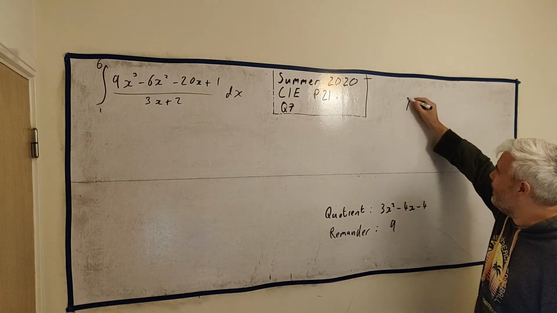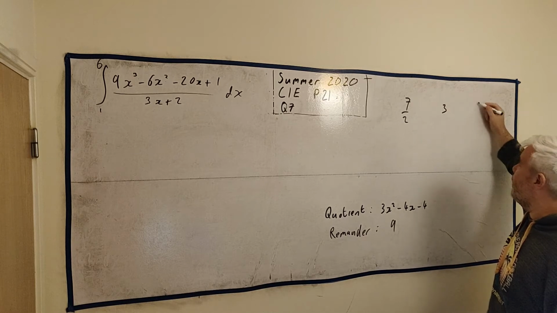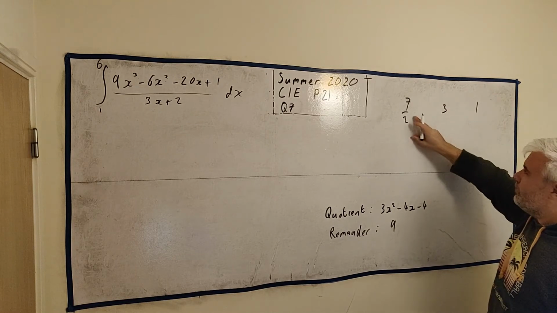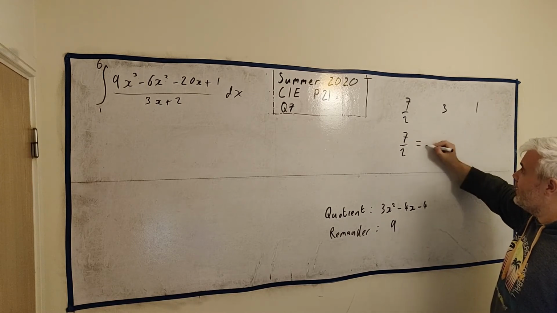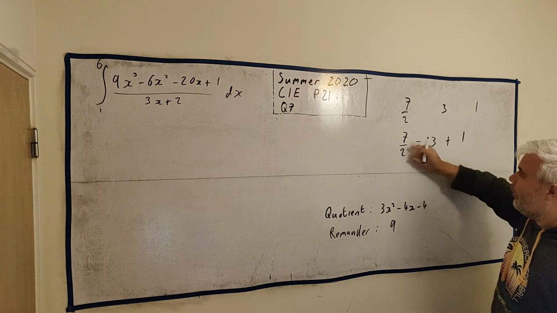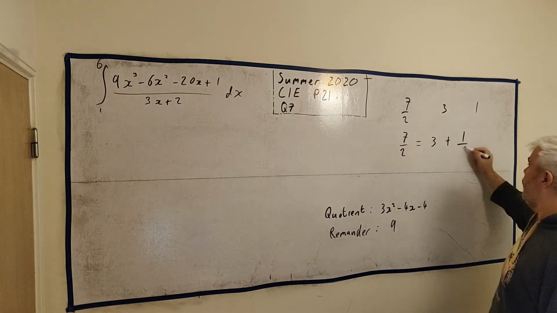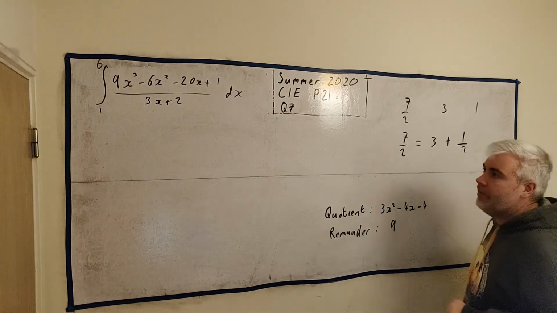Let me put back the example here. 7 divided by 2, I had a quotient of 3 and a remainder of 1. So I could actually say that 7 over 2 is equal to 3 plus 1 over the original divider, 1 over 2. And that 7 over 2 is 3.5.